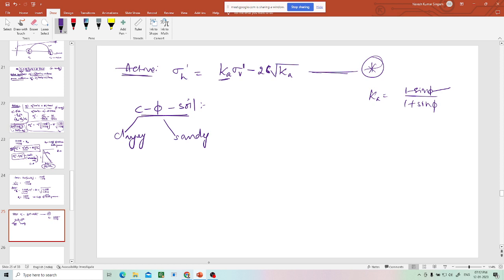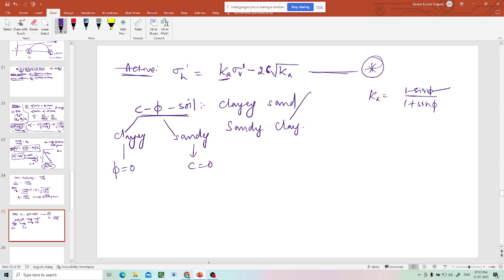It has both cohesion and friction angle. Just clay soil means friction angle will be 0. Just sandy soil means C value will be 0. So C-phi soil means clayey sand or sandy clay. It has both.